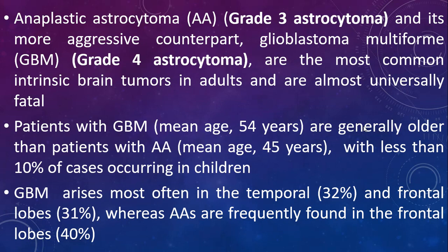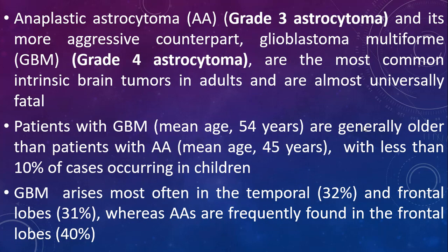Anaplastic astrocytoma, AA, WHO grade 3 astrocytoma, and its more aggressive counterpart, glioblastoma multiforme, GBM, WHO grade 4 astrocytoma, are the most common intrinsic brain tumors in adults and are almost universally fatal.